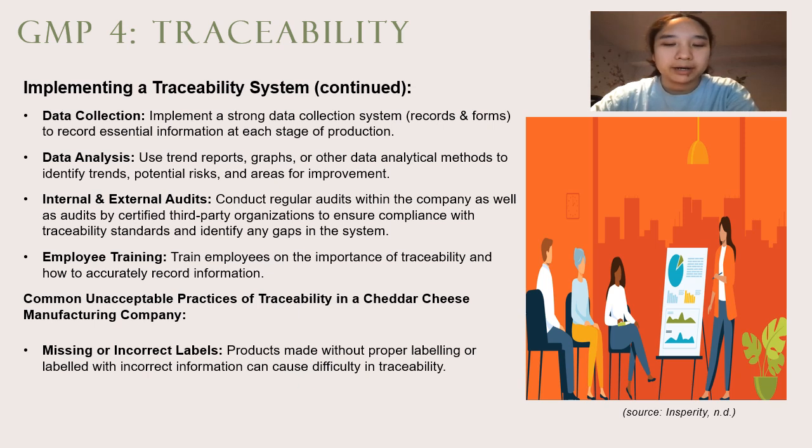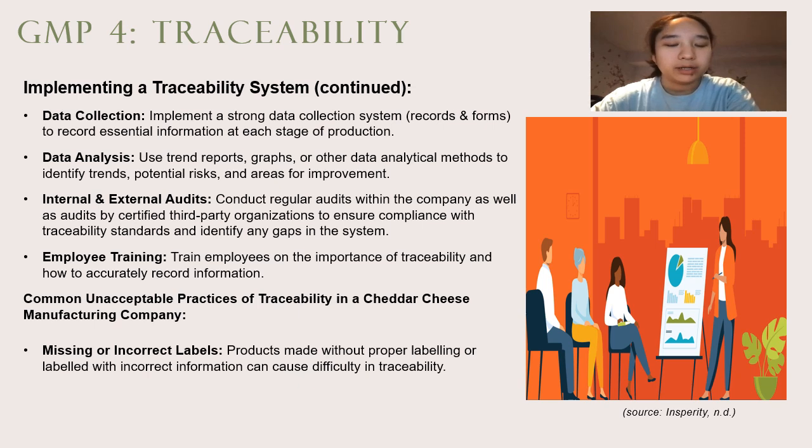We have to conduct both internal and external audits regularly. So internal audits are the audits that happen within the company system, as well as audits by certified third-party organizations to ensure compliance with traceability standards and identify any gaps in the system.